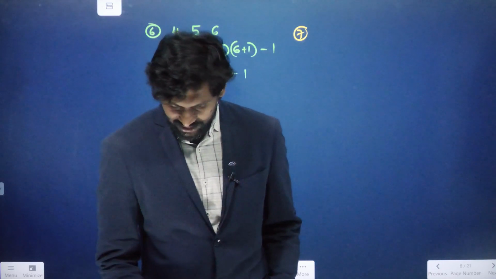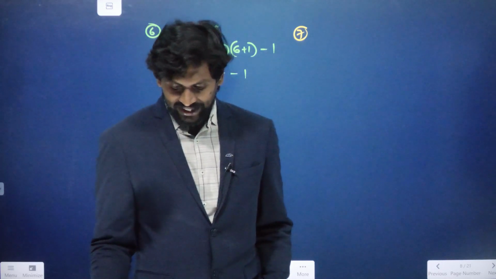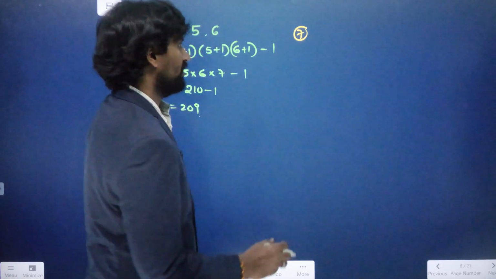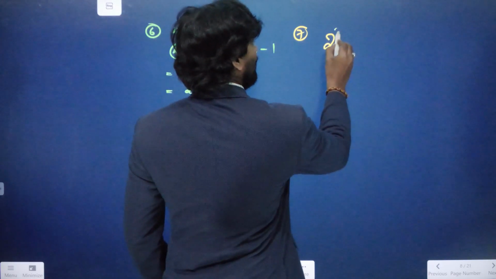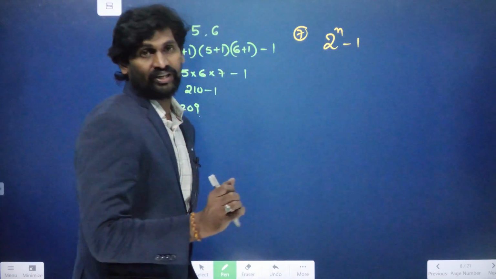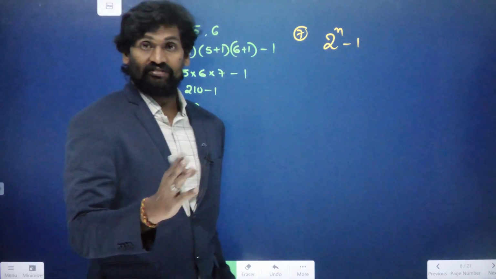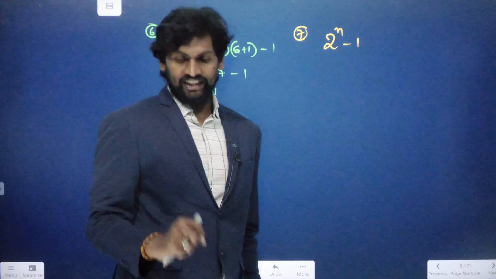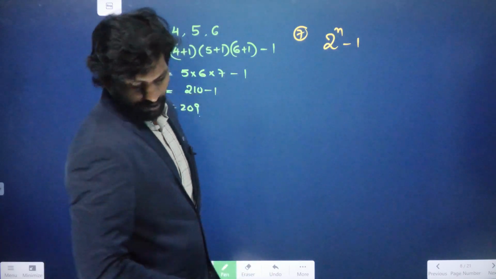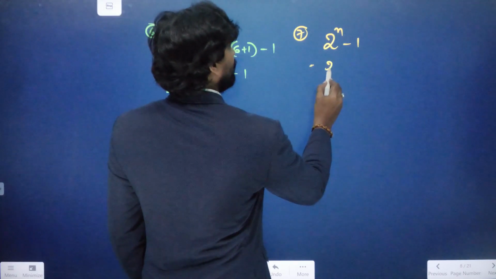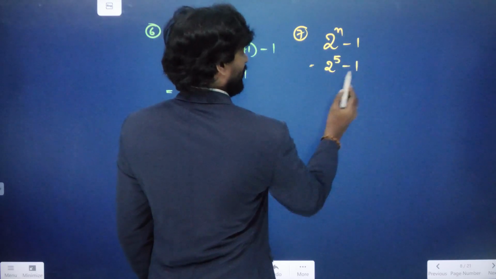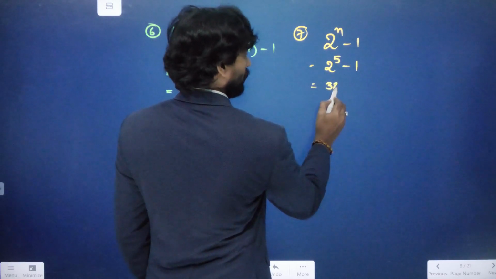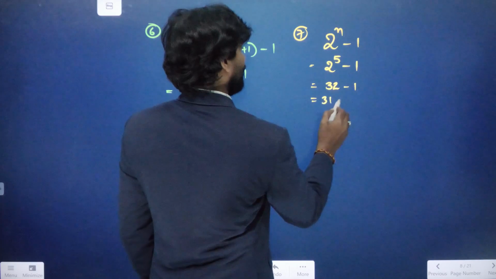The number of different sums is 2 power n minus 1, because each coin can be taken or not, 2 different ways. So it is 2 power 5, since there are 5 different coins, 32 minus 1, which is 31 ways.